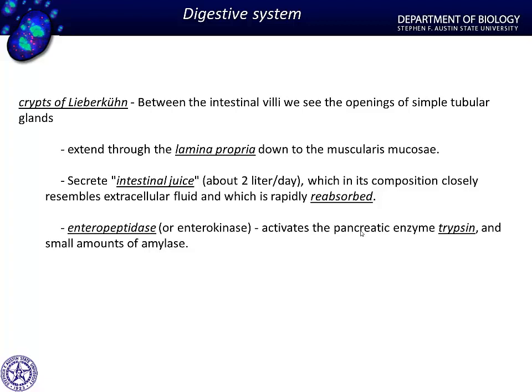And these intestinal glands then we refer to as the crypts of Lieberkühn. This is just the bottom portion between our intestinal villi. Now, these crypts extend down through the lamina propria, and they're almost going to get down to the muscularis mucosa. That's the depth in which we extend these crypts. And we're going to have cells that are going to produce material, and this is called intestinal juice.